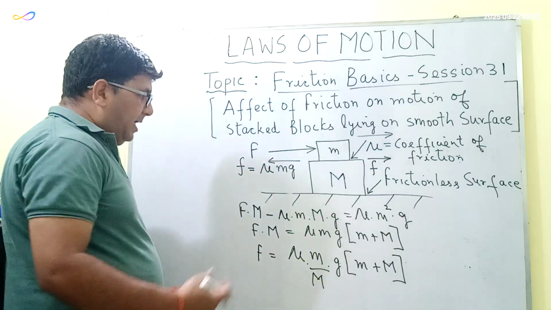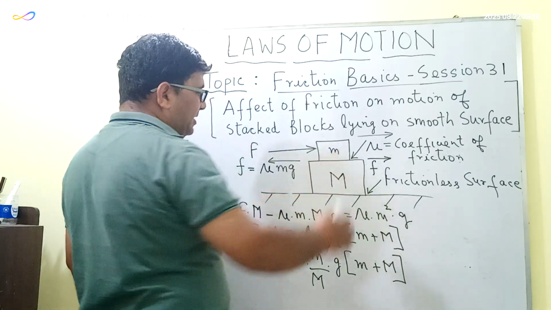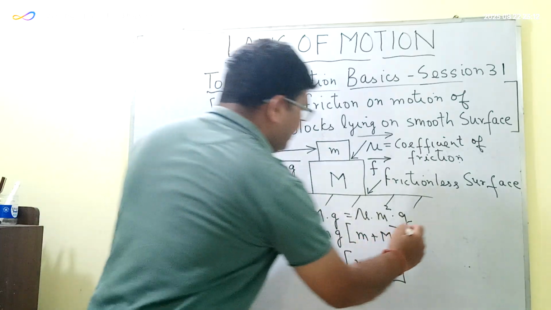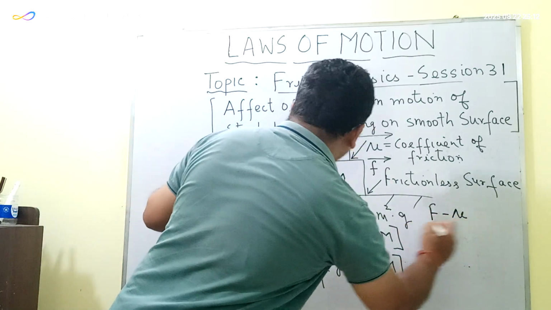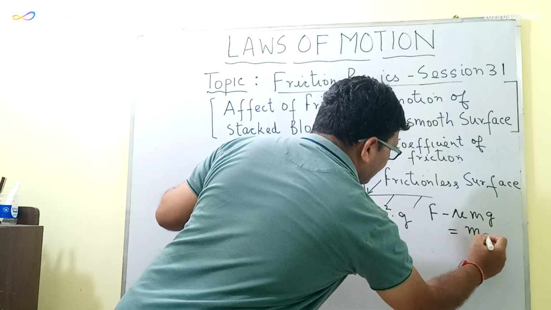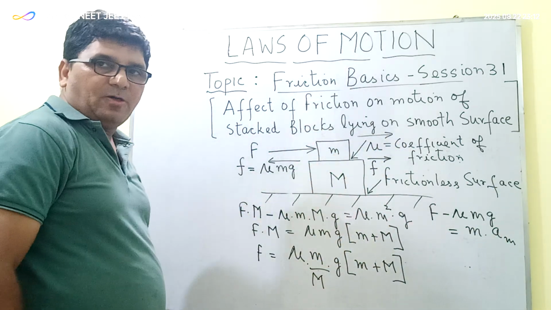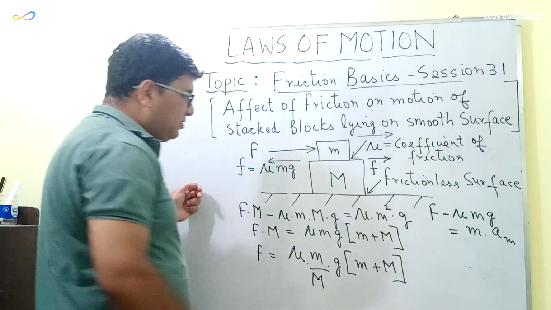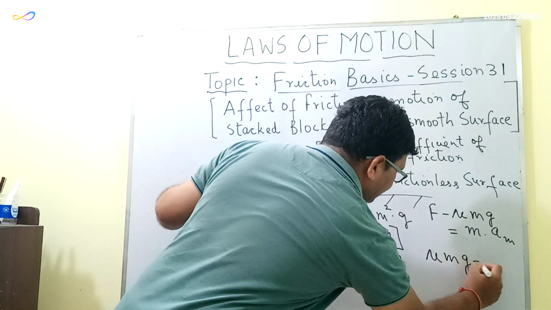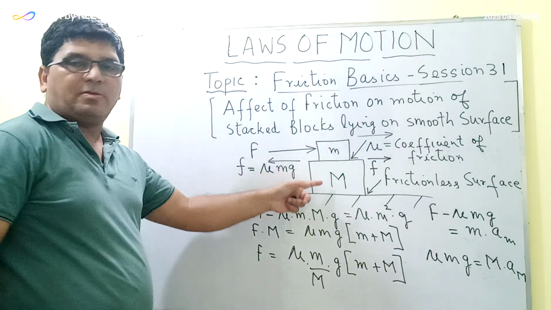And if the blocks do not move together, then the acceleration of the upper block will be given by the equation, that is F minus mu small m g, and this is equal to m into the acceleration of this upper block, which is equal to a m, and the acceleration of the lower block will be given by the equation mu small m g, which is equal to M into a capital M. Now here a capital M is the acceleration of the lower block.